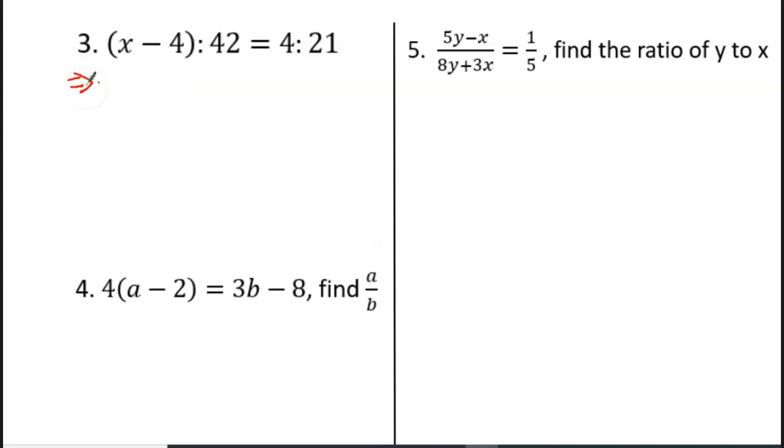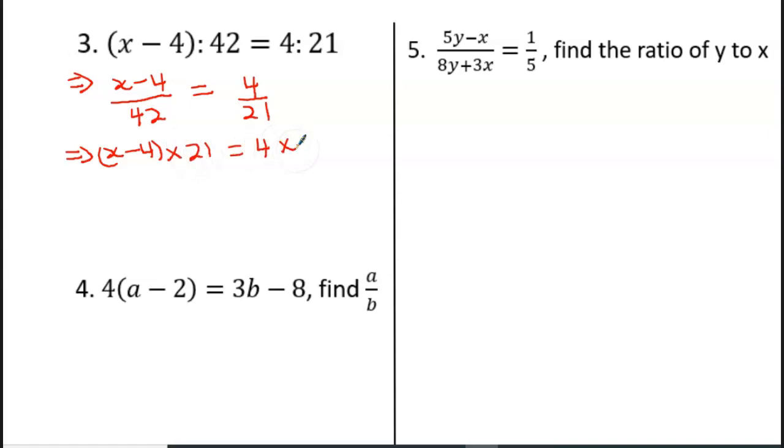This implies that x minus 4 over 42 is equal to 4 on 21. So you can cross multiply, x minus 4 times 21 is equal to 4 times 42.